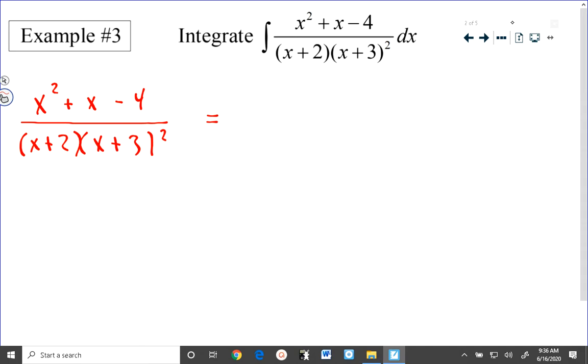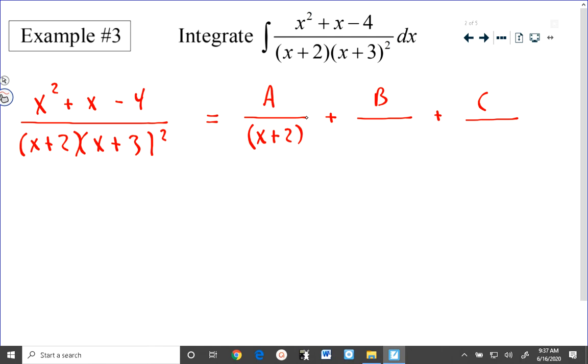So we are still going to resolve this into some number over a denominator plus some number over a different denominator plus some number over a third denominator. But what makes this unique is that we don't have 3 different denominators. One of the denominators in the partial fraction will have to contain x plus 2, otherwise we wouldn't get an x plus 2 in the denominator of our integrand.